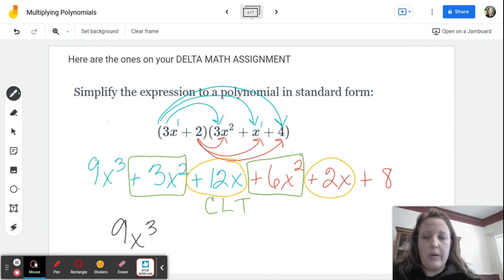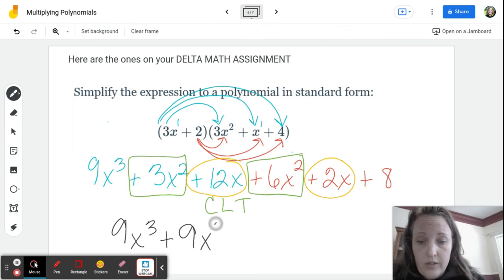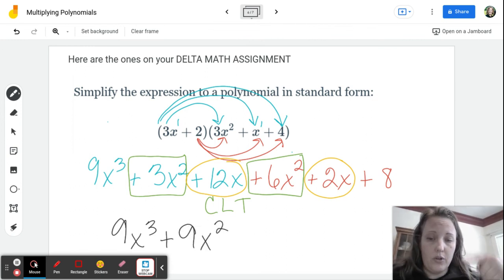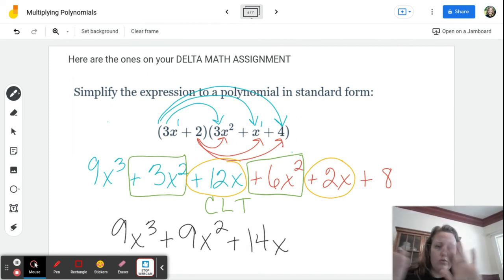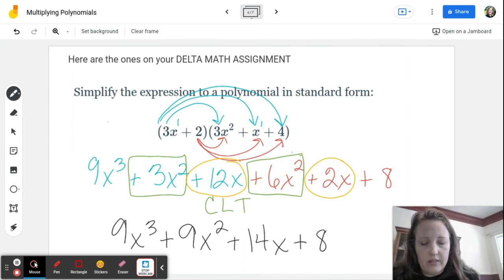So we have a positive 3x squared plus a 6x squared. 3 plus 6 is 9x squared. Remember, when you're combining like terms, don't mess with the exponents anymore. Don't add them or anything. And then we have a positive 12x plus a positive 2x. That's a positive 14x. Don't mess with that x. Don't make it x squared. Don't do it, okay? And then we have a constant of 8.